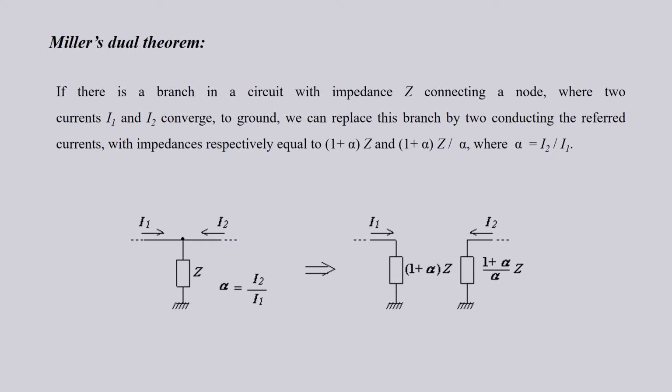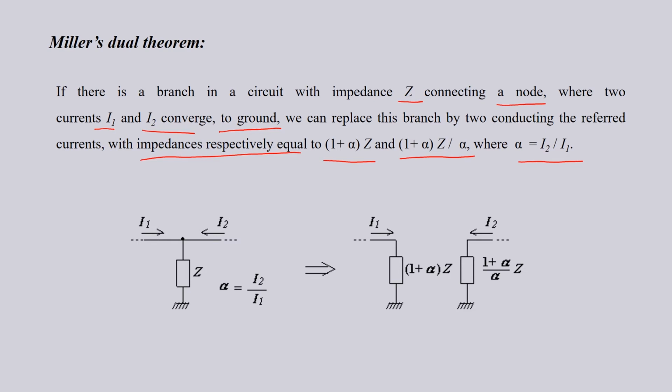If there is a branch in a circuit with impedance Z connected to a node where two currents I1 and I2 converge to ground, then we can replace this branch by two conducting branches carrying the referred currents, with impedances equal to (1 plus alpha) into Z and (1 plus alpha) into Z divided by alpha, where alpha is the ratio of currents I2 by I1.